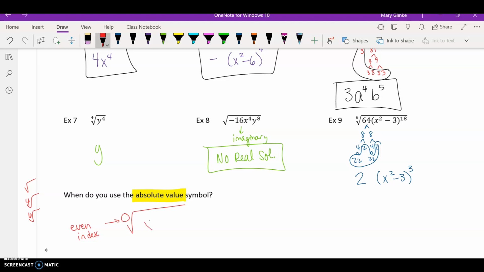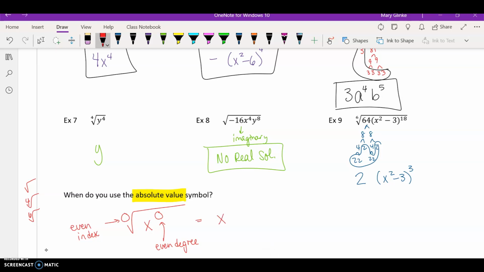The other thing that has to happen is that you have to have an even degree on the inside. Because if you had an odd degree and you did like -2 to the 3rd power, you would have a negative on the inside and you couldn't do the problem in the first place. So if you have an even degree, it makes it so that you can do the problem.